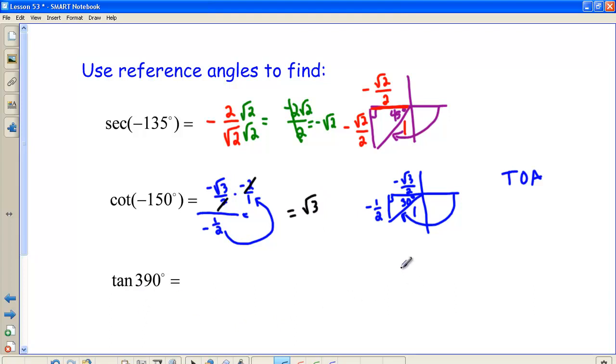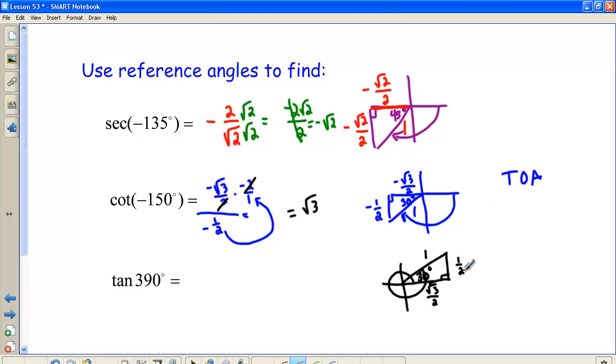All right, tangent of 390. Now, 390 means once around and then some. So that's going to be reference angle of 30. Again, you should know opposite is the short leg, adjacent is the long leg, and tangent is TOA.